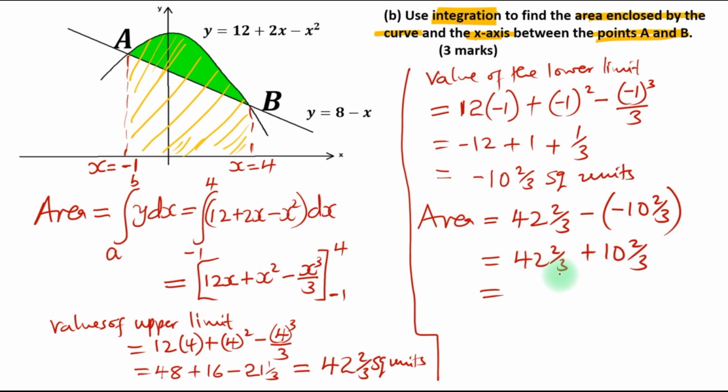So we end up getting 53 1/3 square units. And that is the area of the part enclosed by the curve, x-axis and the points A and B.